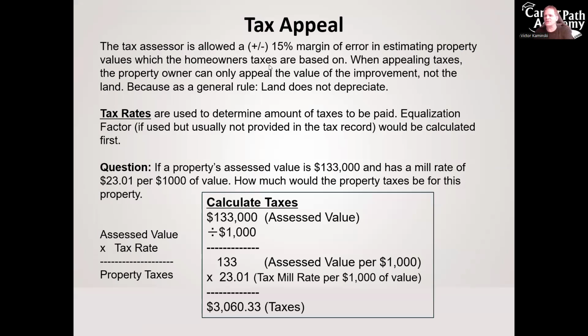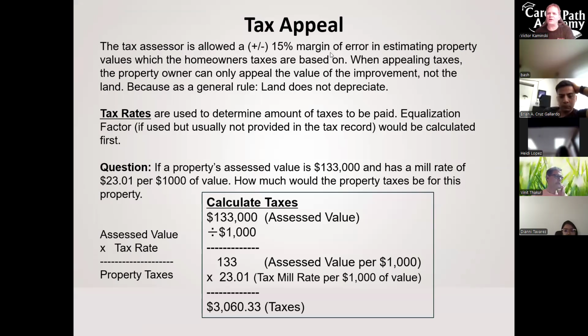The tax assessor is allowed that 15% margin of error, plus or minus 15%, when estimating the values of the homes, which the taxes are based on. Remember, you cannot appeal the value of the land because, as a general rule, land does not appreciate. So tax rates are used to determine the amount of taxes to be paid. Tax ratio is used to reverse engineer the assessed value that the tax man used.